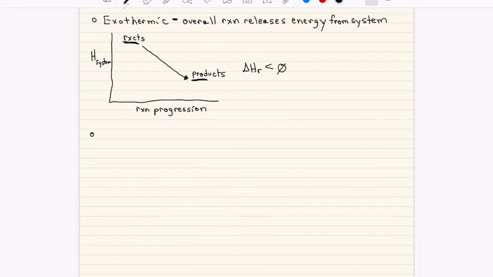Now, in contrast to that, we could have a reaction that's endothermic. What this means is that the overall reaction actually consumes or absorbs energy.